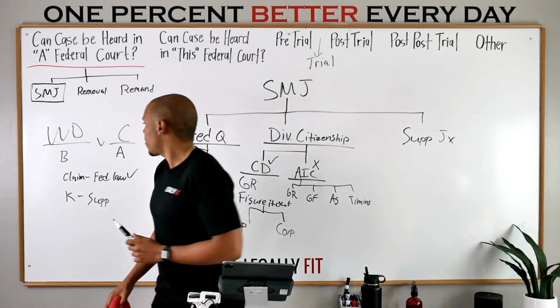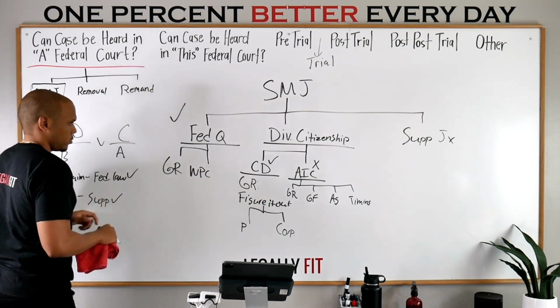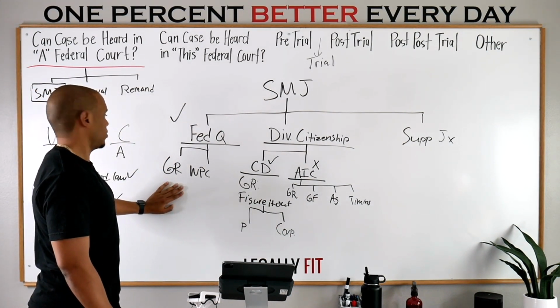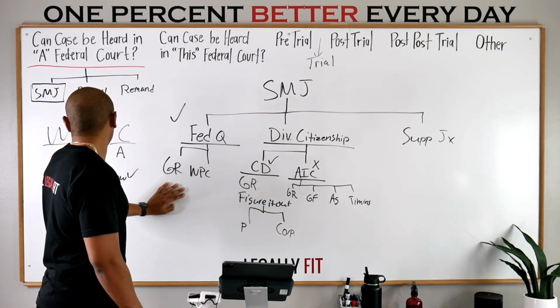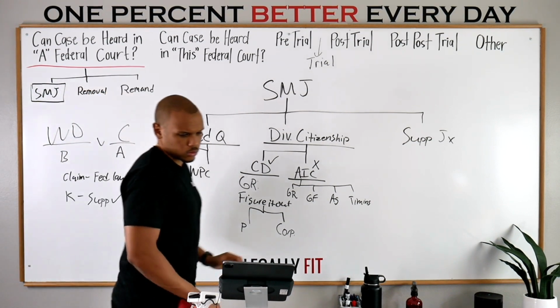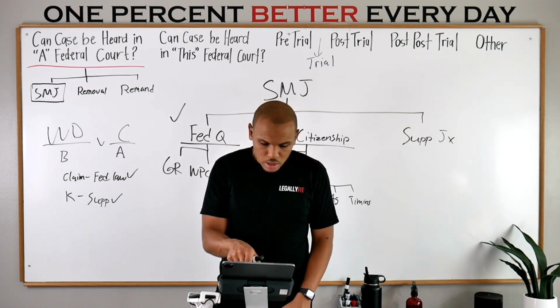Yep, Esteban? So I understand why the amount in controversy is not met, but isn't there also an issue with the diversity of citizenship since the corporation's a state A corporation, the headquarters is in state B, and the web developer is from state B as well? Let me see what we have here. A web developer is from state B. All right.